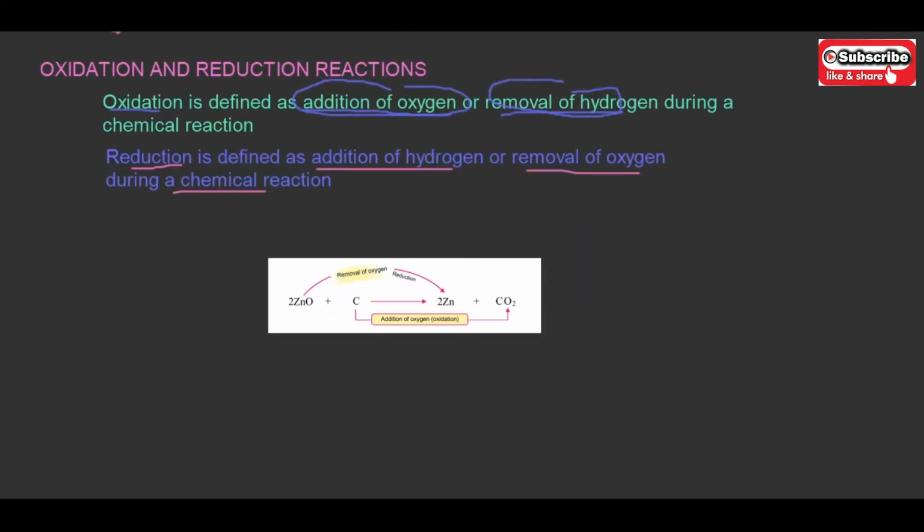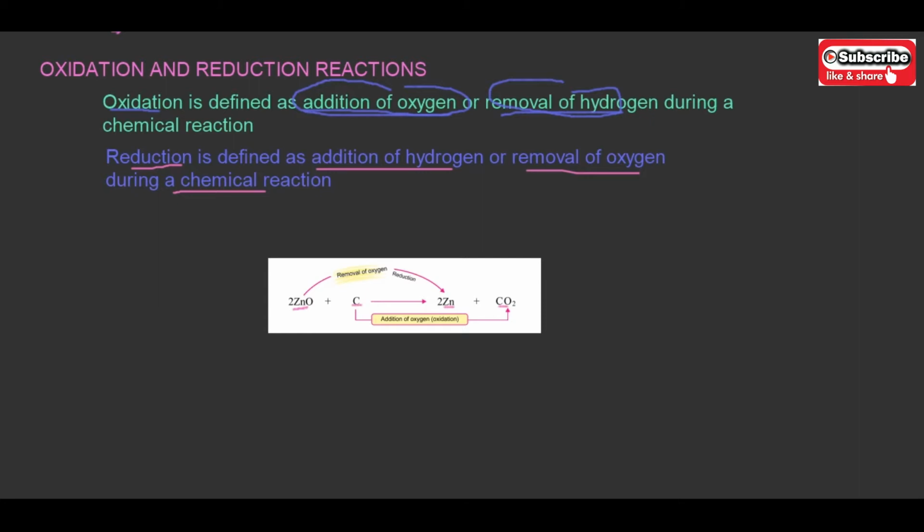Now let's take an example of addition of oxygen and removal of oxygen. Here we have a reaction between zinc oxide and carbon atom, and they react to form zinc atom and carbon dioxide.